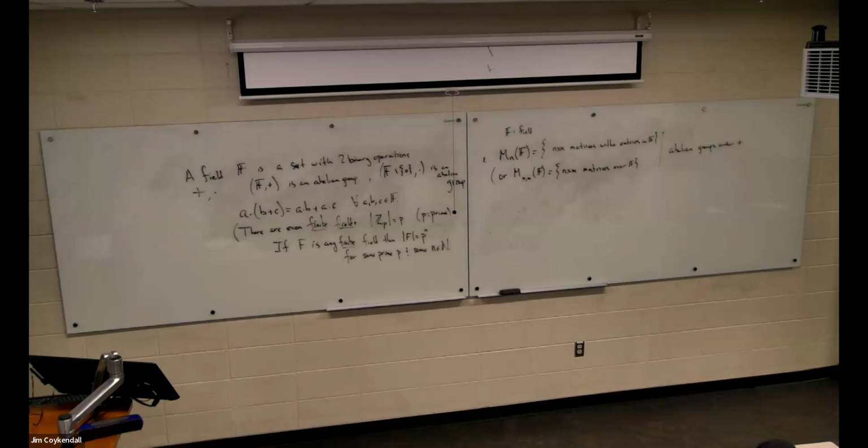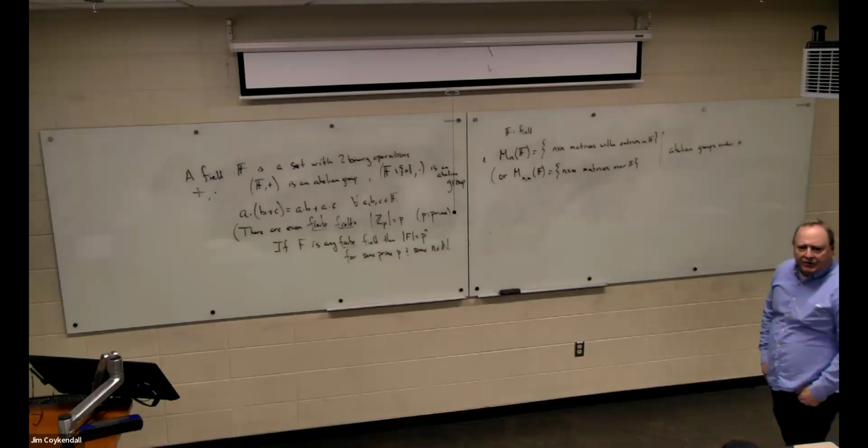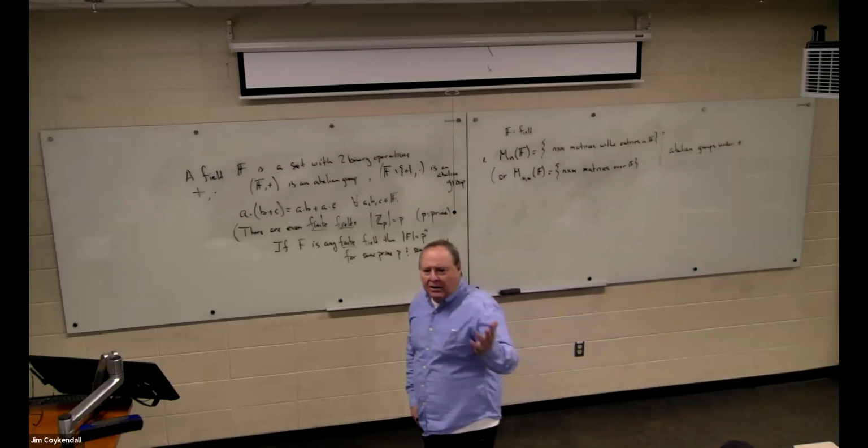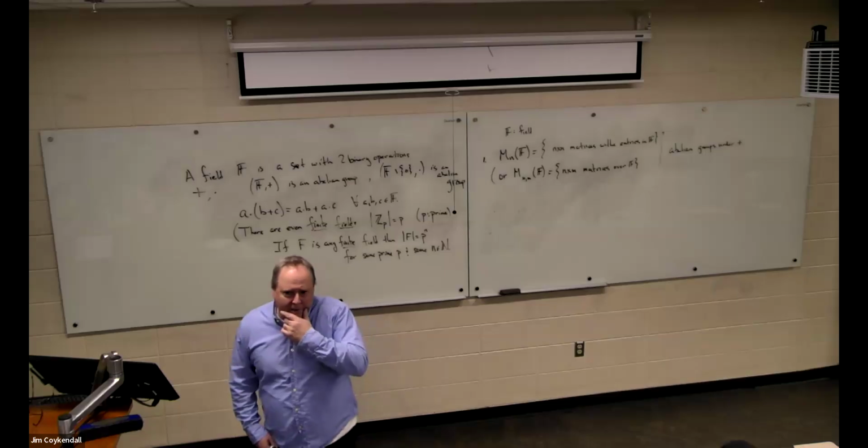Here is where the problem lies. Take the matrix of all zeros. Does that have an inverse? Not a multiplicative inverse, right? Anybody remember what's the condition we need on N by N matrices for it to actually have a multiplicative inverse? The determinant has to be non-zero, right? I agree with that.